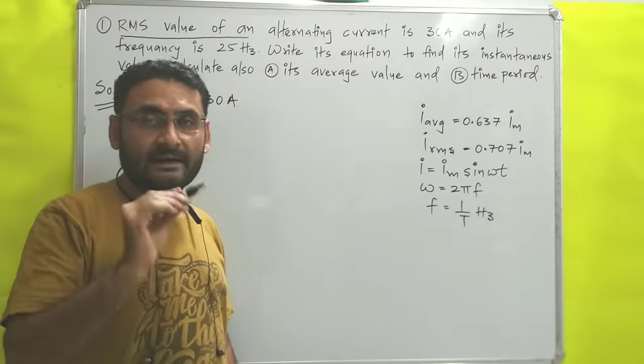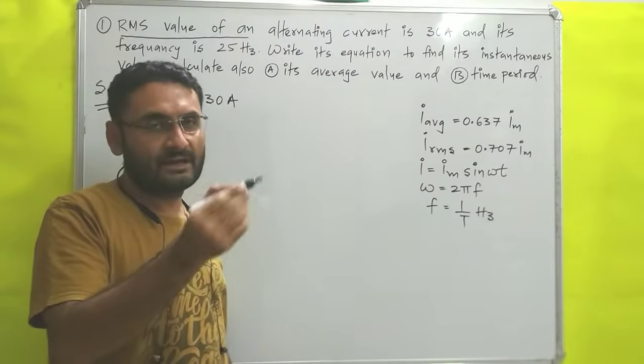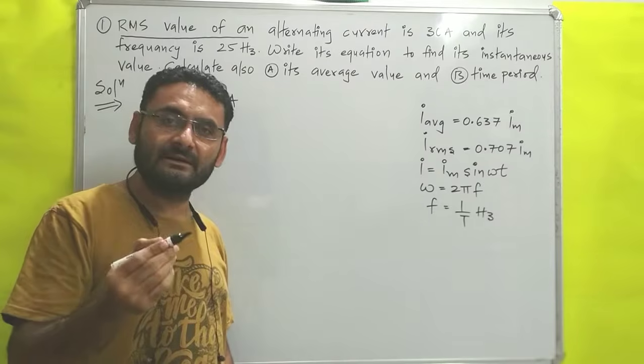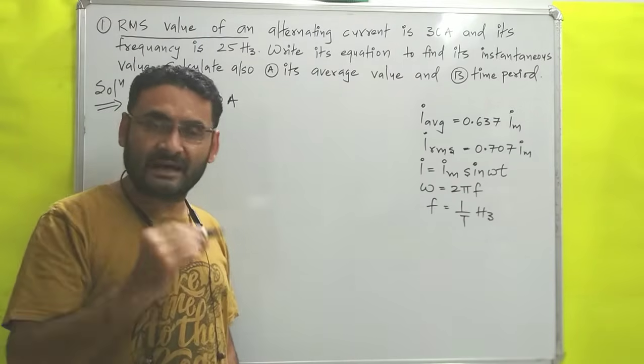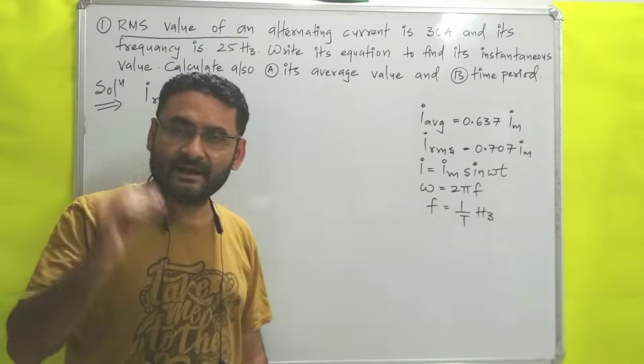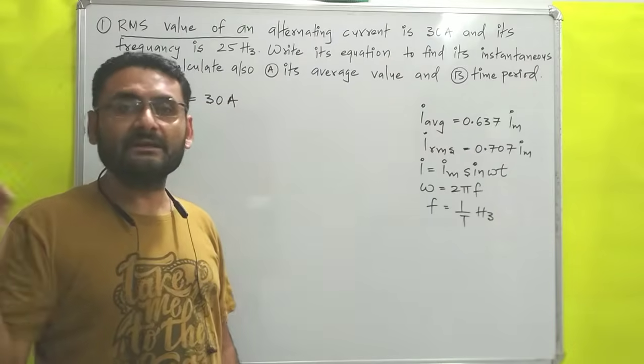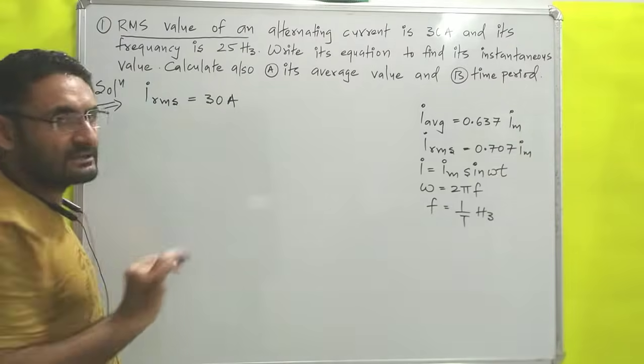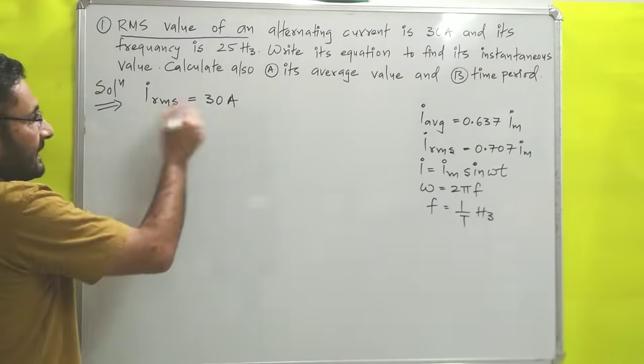If it is mentioned that average value of current is 30 ampere, then consider that. If it is mentioned that maximum value of current is 30 ampere, then consider Im equals 30 ampere. But when nothing is specified in the numerical, it is always the RMS value.